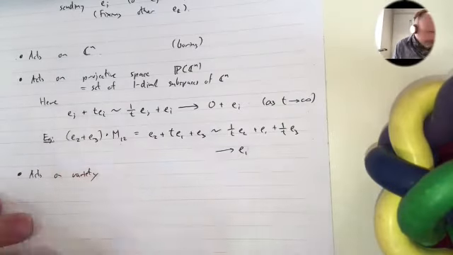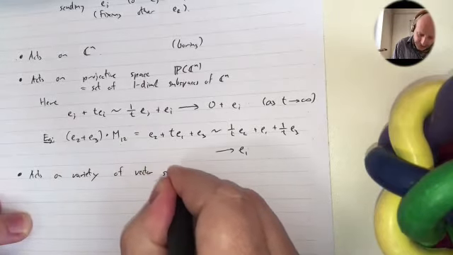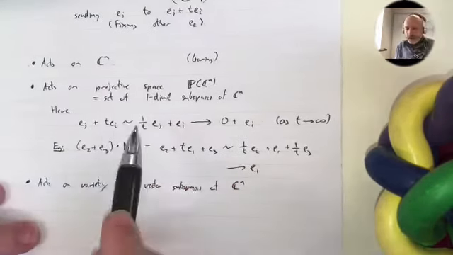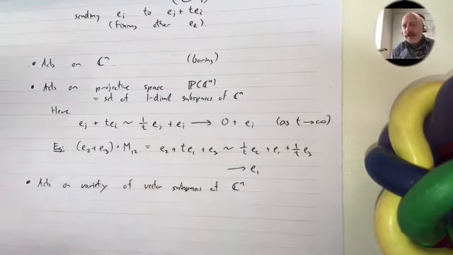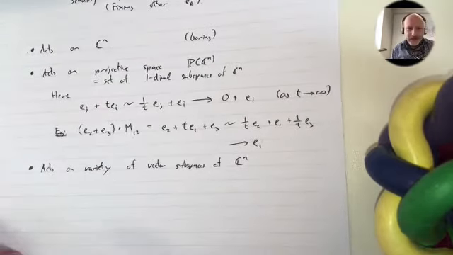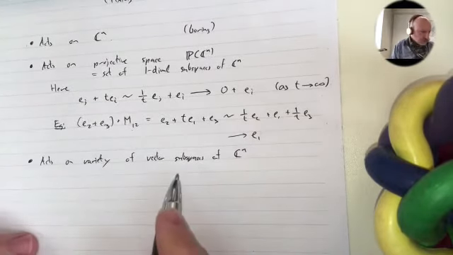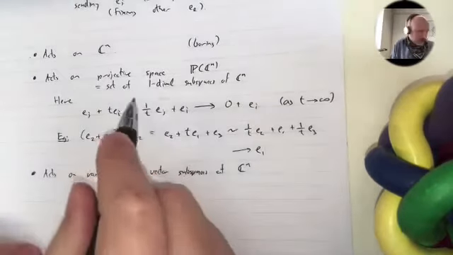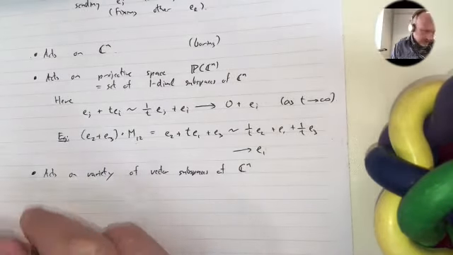To build up, it acts on the variety of vector subspaces of Cn. So up here I had the variety of one-dimensional subspaces of Cn. I said sets, but okay, variety for us means set, except Russ is saying variety for some reason. So you take the action up here, but now you also can do some row reduction.